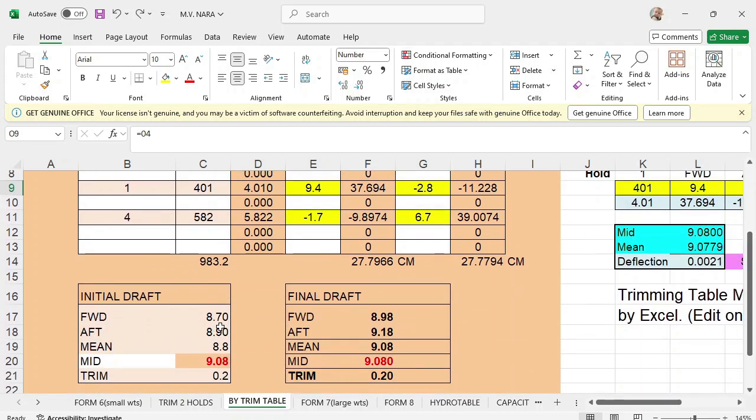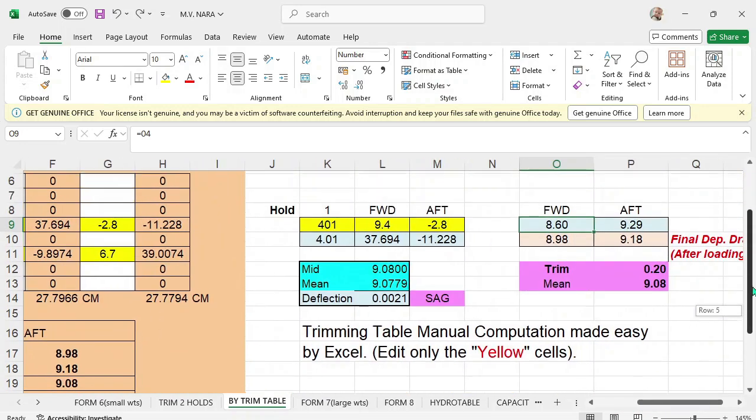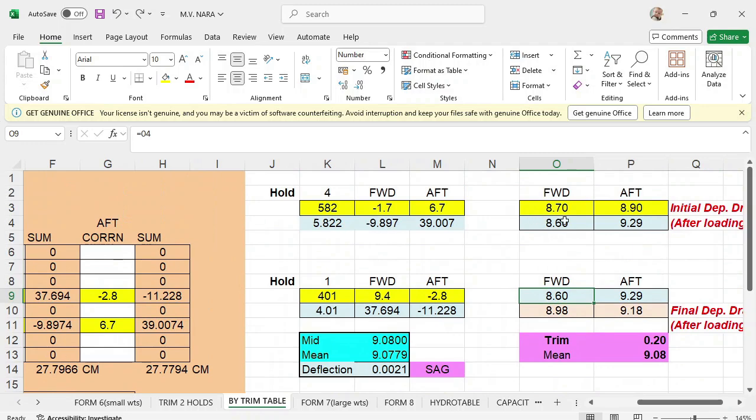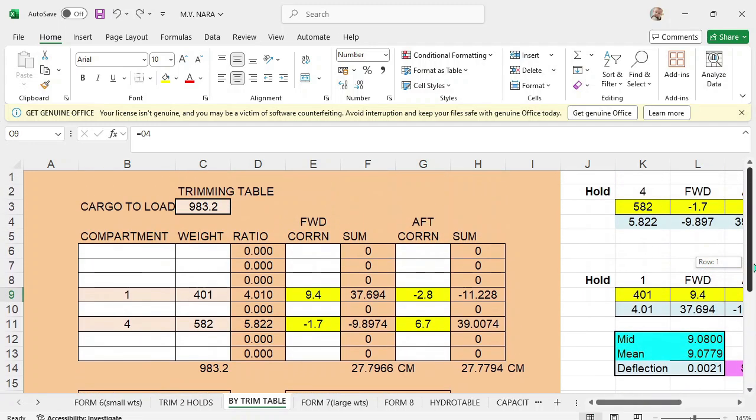Forward 870, up is 890. So 870, 890. Okay, that's your initial drop.